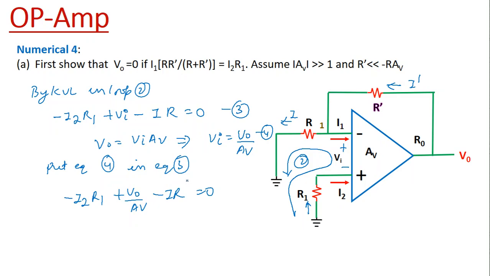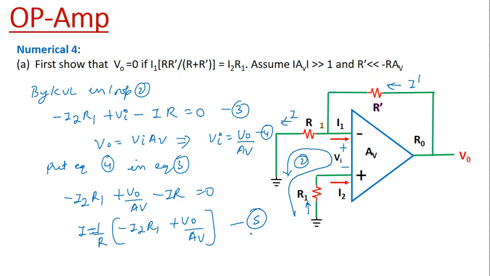From this equation we can find I. So I will be equal to minus I2 R1 plus VO upon AV, the whole multiplied by 1 upon R. So I is equal to 1 upon R times minus I2 R1 plus VO upon AV. This is our equation number 5.